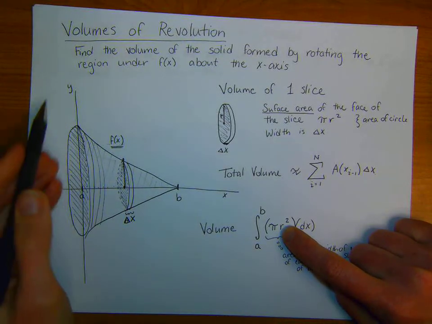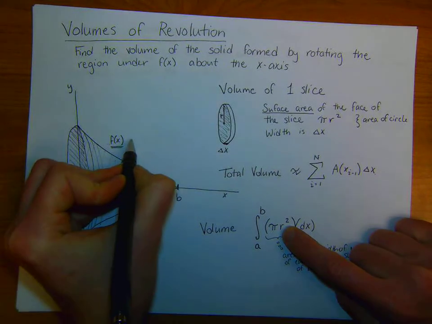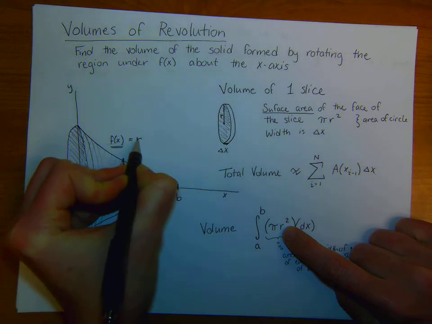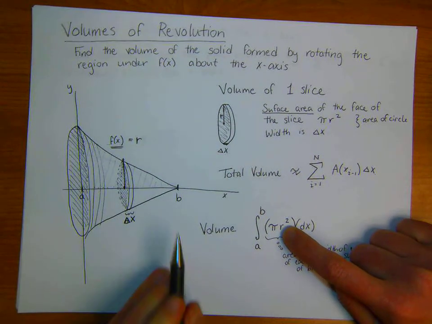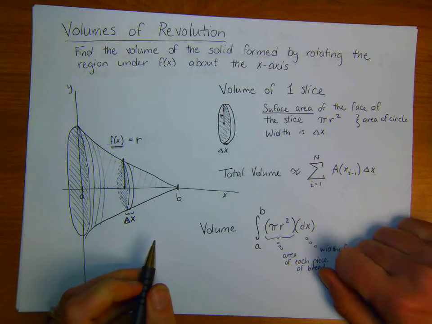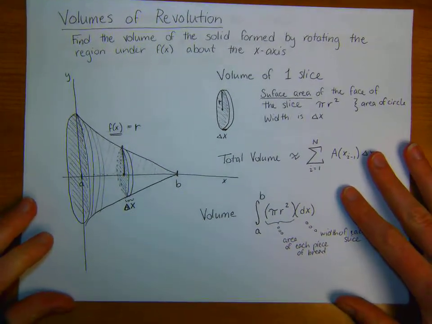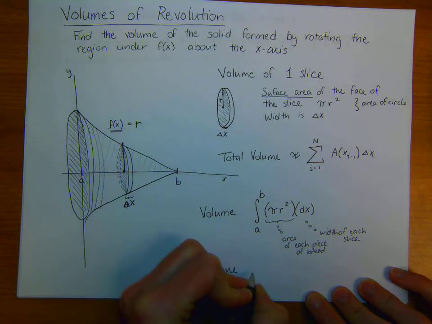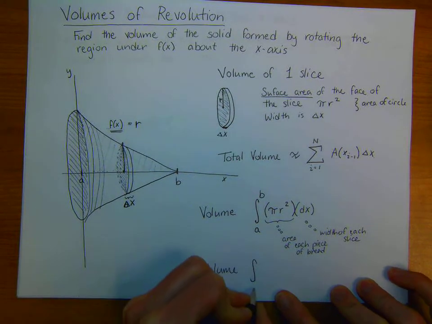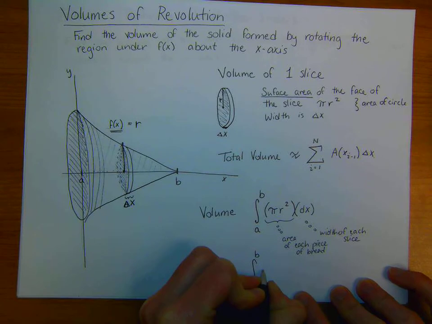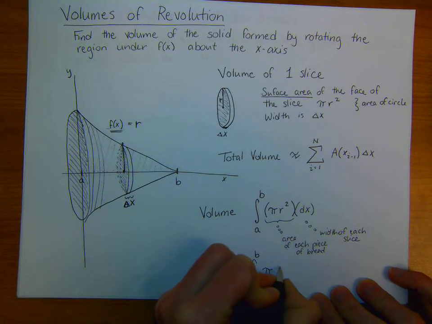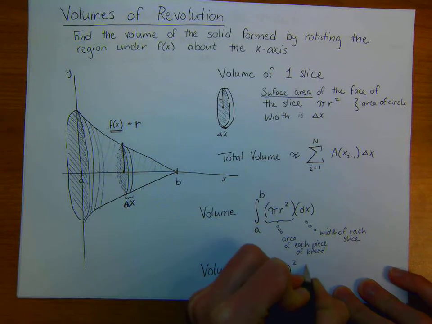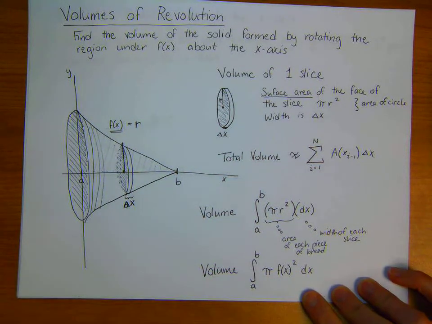So that's telling me that in this case, my f of x function is exactly the radius of each of these coin-shaped cylindrical regions. So that means my final formula for the volume is the integral from a to b of pi, instead of r, I'm going to put in my function f of x squared dx.